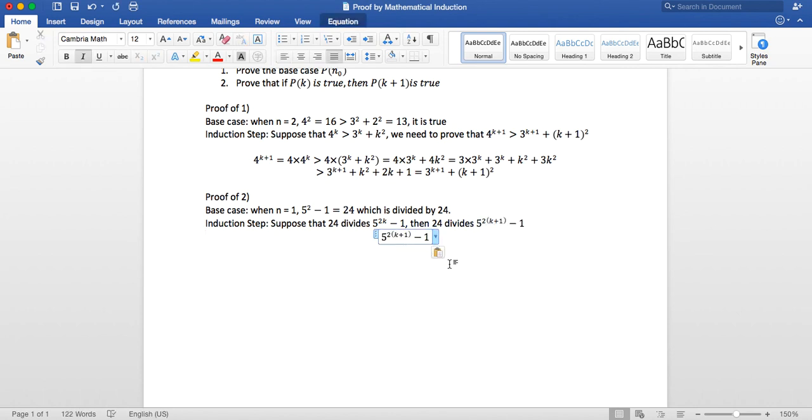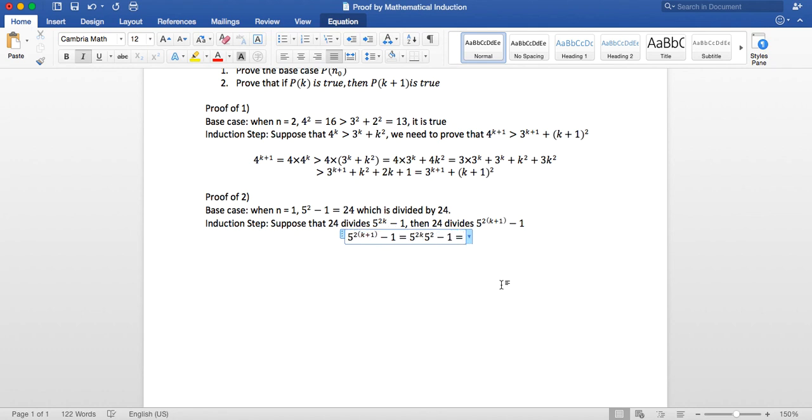Okay? Now, in order to prove this, we start to consider 5 to the 2k plus 1 minus 1. What is that? So this is 5 to the 2k times 5 squared, because 2 times k plus 1 is 2k plus 2. 5 to the 2k plus 2 is 5 to the 2k multiplied by 5 squared, minus 1.